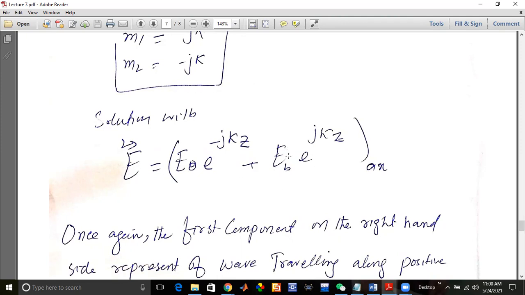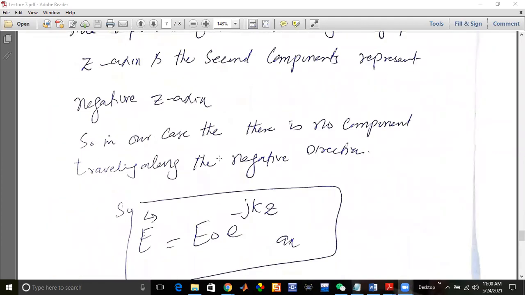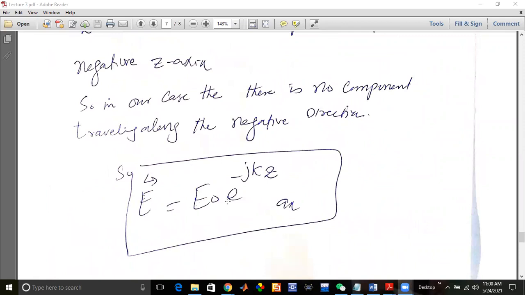So we consider that there is no reflection flowing in the backward direction. So if there is no value in the backward direction, it becomes 0. And you know in our figure, we have not discussed any value in the backward direction. There is only the forward direction. So we can write this equation as E naught e power minus jkz along x.